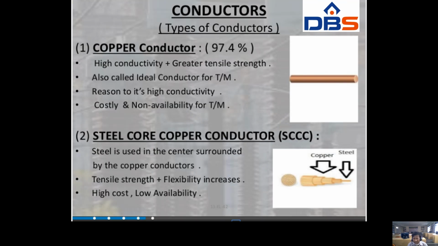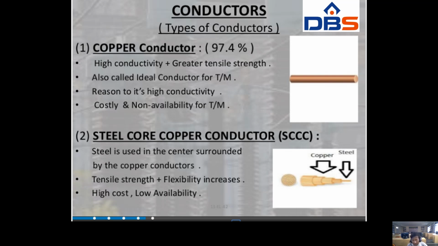Different types of conductors, we already discussed in the first class. Copper conductor. Copper conductor is a high conductivity material and also has good tensile strength. 97.4% of conductors may be copper conductors, but because of cost and non-availability, we cannot utilize copper conductors in the transmission system.